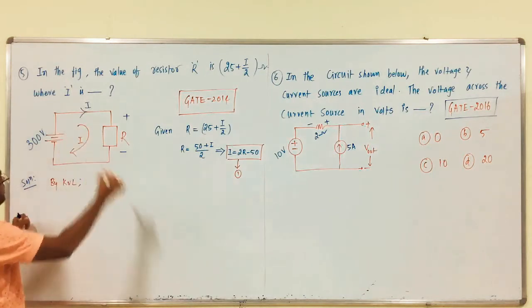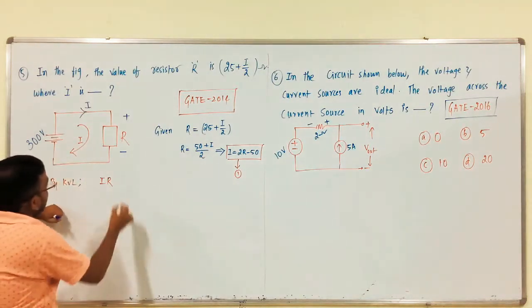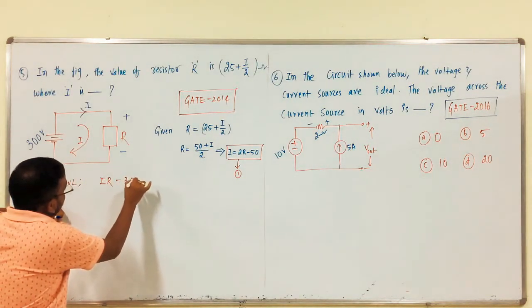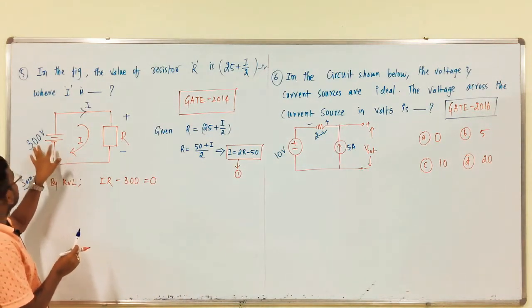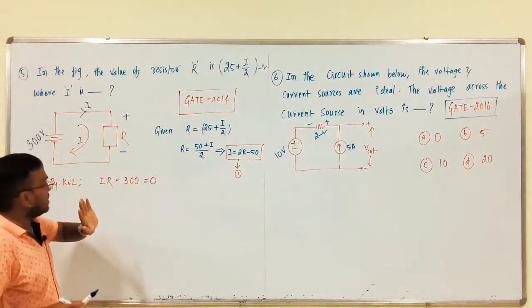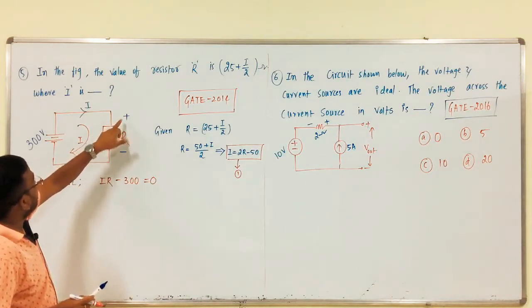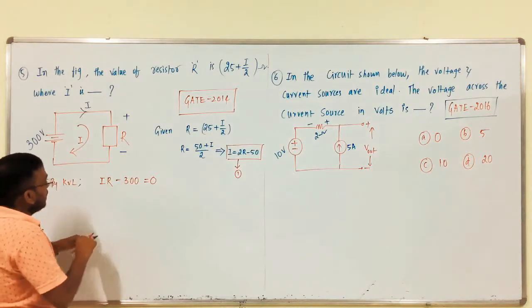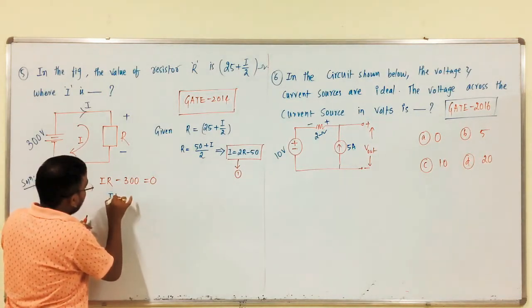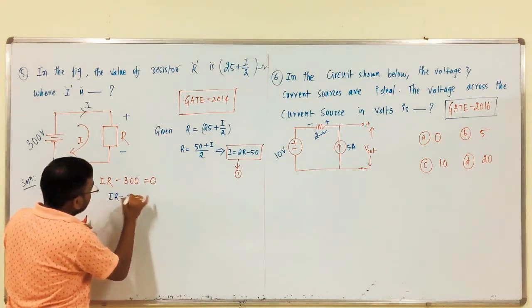This is the current direction, negative to positive, minus 300, which is equals to 0. Simple, we have two elements, voltage source and resistor. From this I into R minus 300 equals to 0. Therefore, IR is equals to 300.